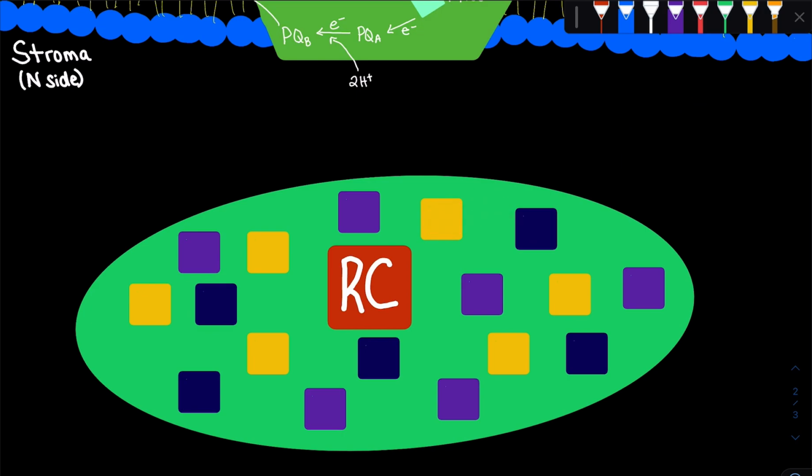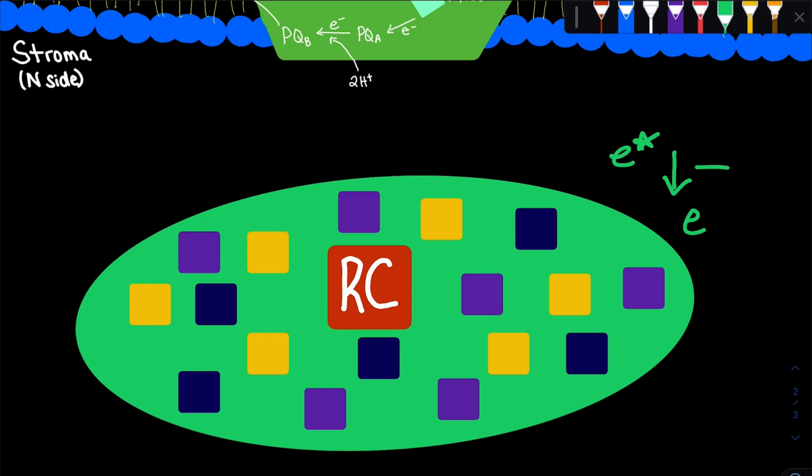So let's say we have a photon come in and the electron gets excited. Now this electron, I'll draw this out, is in its high energy state, and it is going to quickly drop back down to the lower energy state, its ground state.